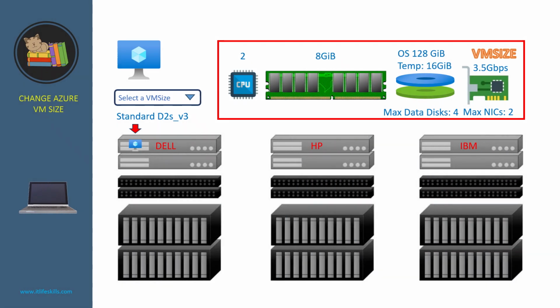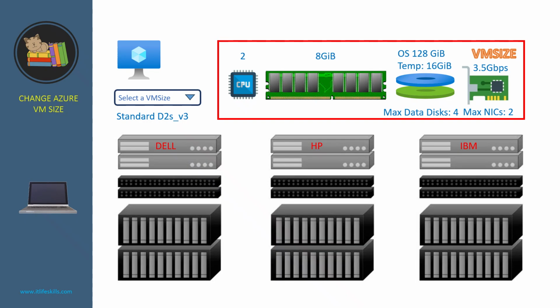If you stop and deallocate the VM, then the VM is removed from the cluster it was running on, which allows you to select any size available in your Azure region.